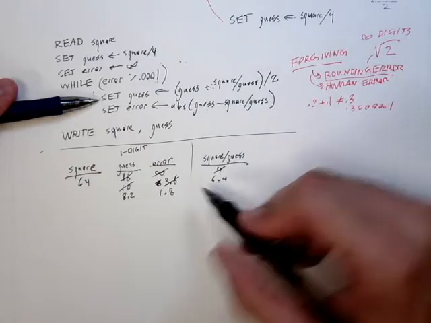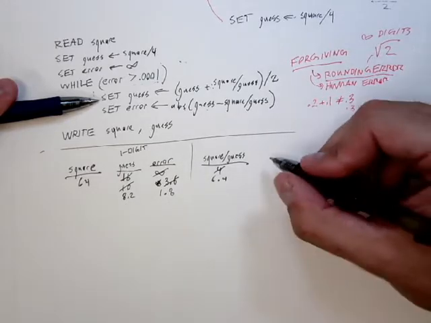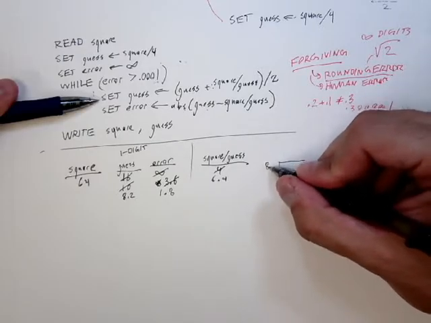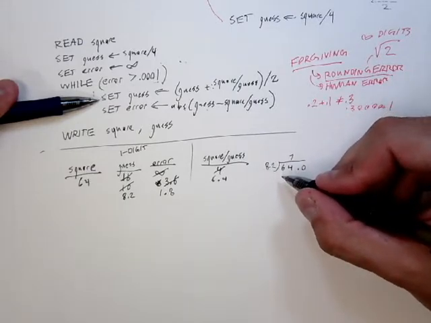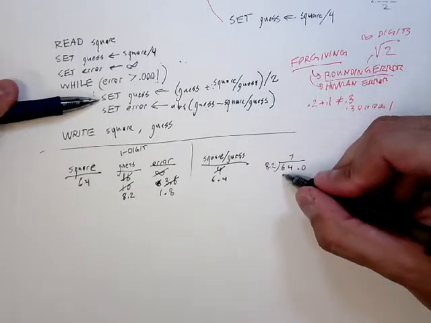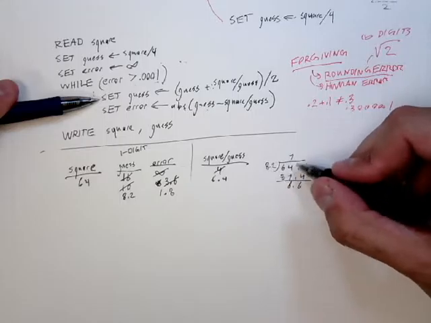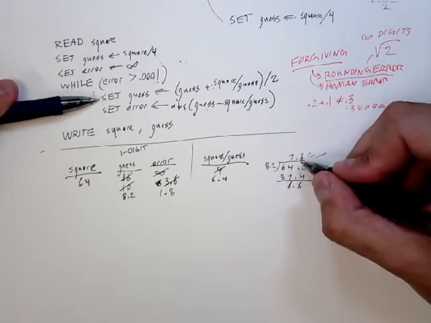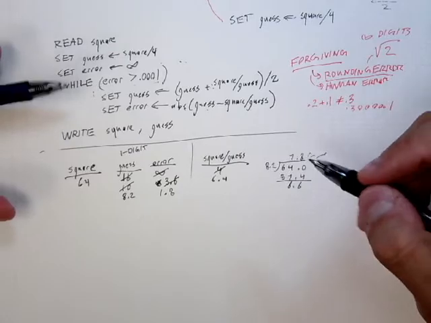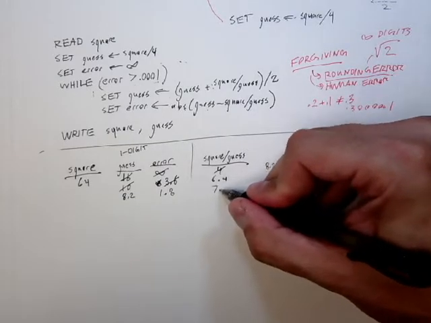So 64 divided by 8.2 is, who cares? I've got 2 decimal places, so it's 7.8 and change, and so the square over guess is 7.8.